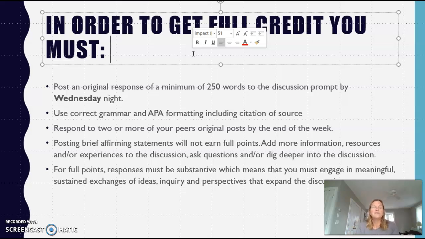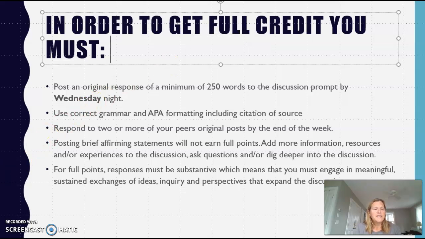Of course, it's only required that you do your initial and 2 responses, but you're paying money for this class, and in order for you to get the most out of it, it's a great idea to go into the discussions and have some dialogue in there, some back and forth. So I really encourage you to check in with your discussion post every day and see what your classmates are talking about, the ideas that are exchanged, and just to go in and maybe get a little bit better feel for who your classmates are, their thoughts, and where they work.